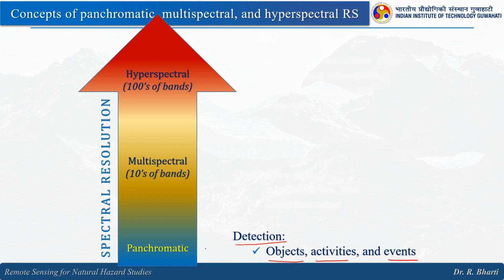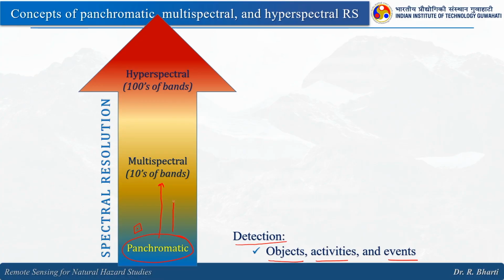That is the prime objective of our panchromatic image. Here we have only one image, so one pixel will give you one value, but when we move to multispectral, you have multiple images or bands. That means, for a single pixel you have multiple values that can be used to identify the material.